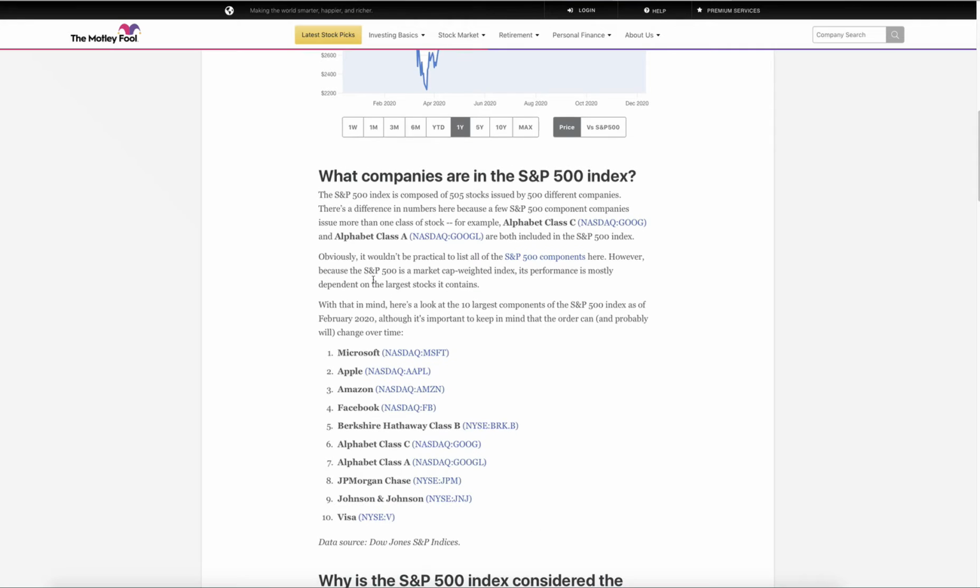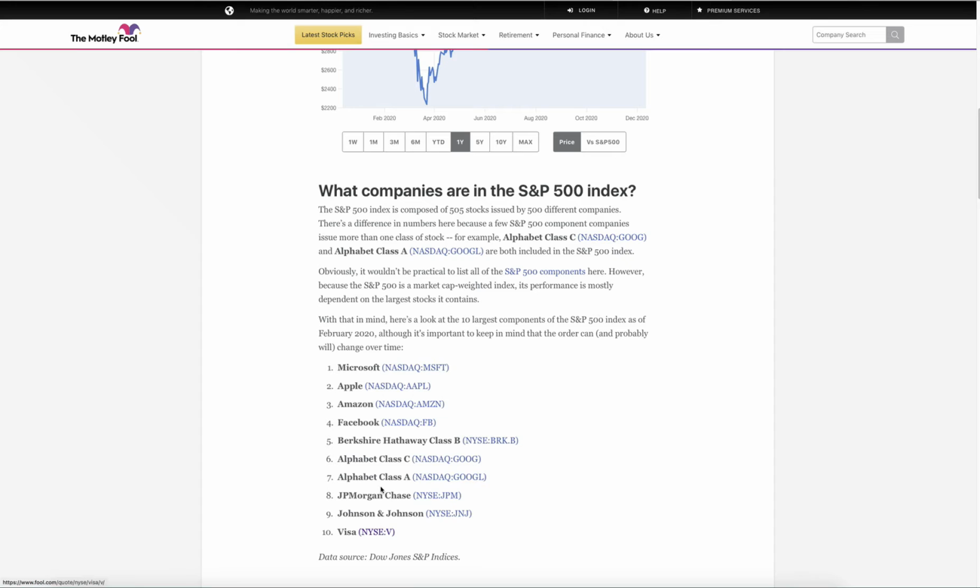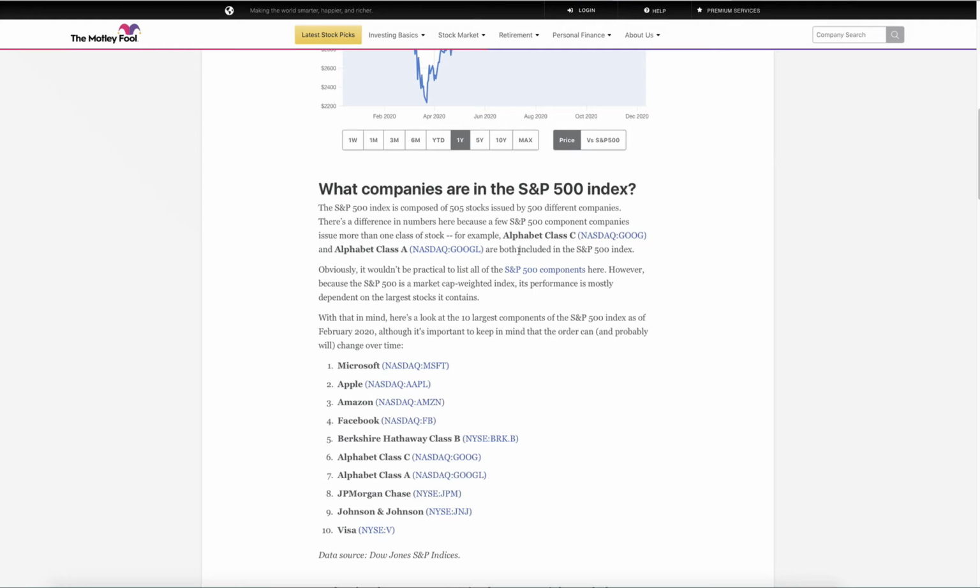So we can look at Microsoft, Apple, Amazon, Facebook, Berkshire, Alphabet, Google, Johnson & Johnson, Visa, and whatnot. So we got more to look at when you're looking at the S&P 500 than you do on the Dow. But the Dow also consists of some very, very good names and can be used for its weighted average as well.